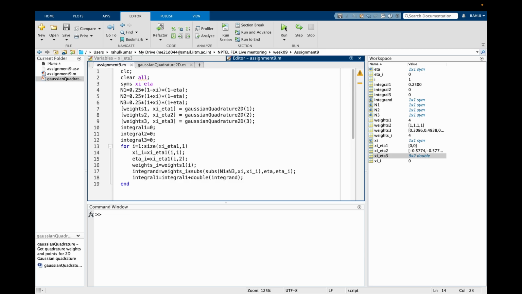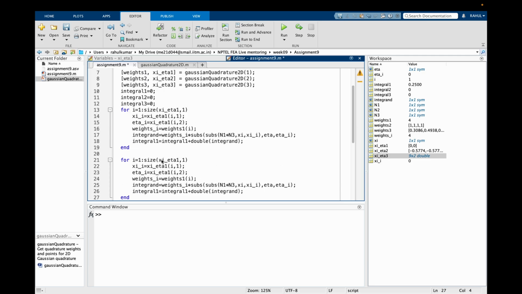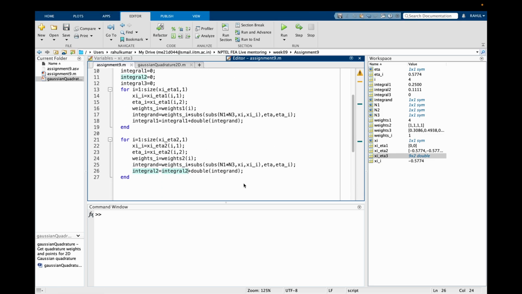Yeah, so it should be 0.25. Now let's go for 2 point. So here it will be 2, and everything, I think it is correct now. Let's run this. 0.22. Maybe we are making some mistake here again.